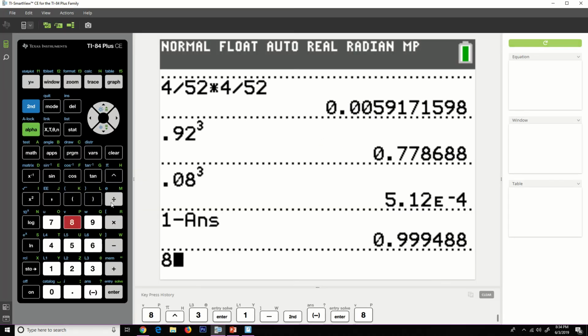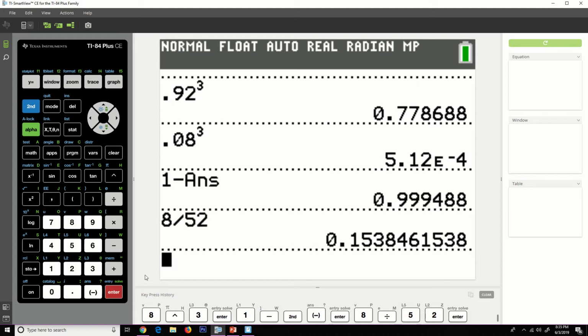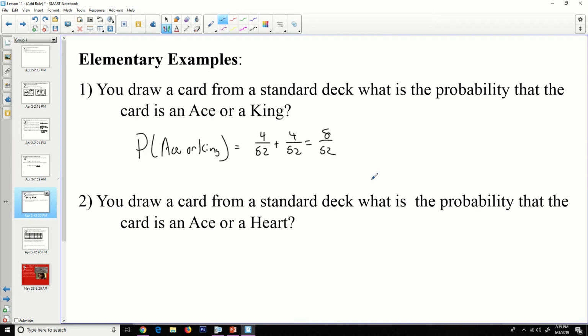And 8 divided by 52 is 0.154. So you've got a 15.4% chance.